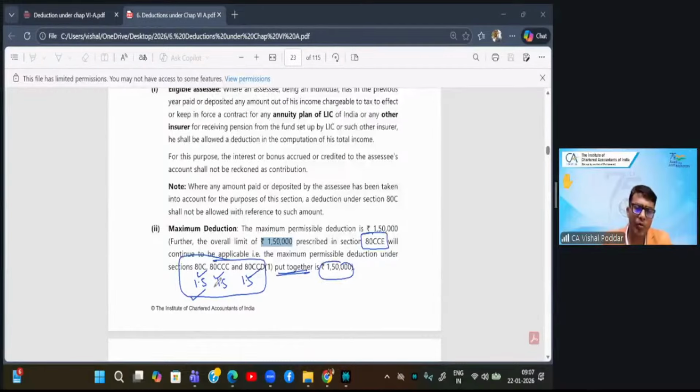So individually, if you are doing only 80C, 1.5, only 80CCC, 1.5, only 80CCD, 1.5. But if you are doing all of these, any two of these or all three of these, then the combined limit is also 1.5. This is very important. So the individual limit is 1.5 and the combined limit is also 1.5.